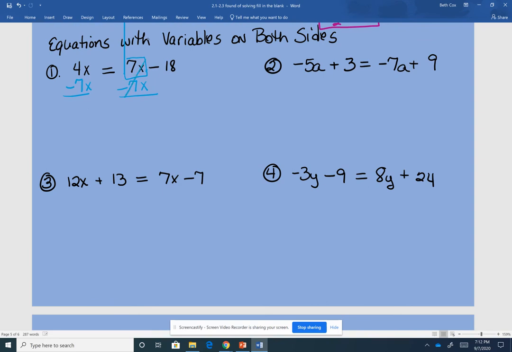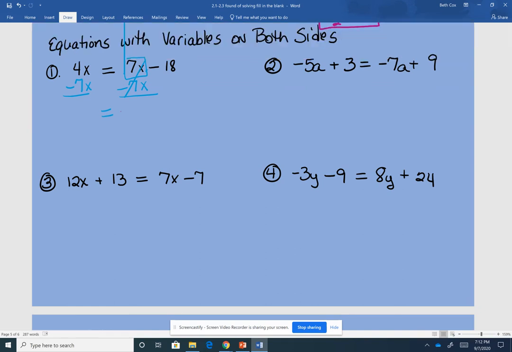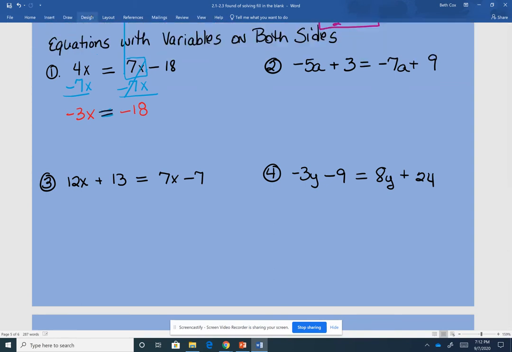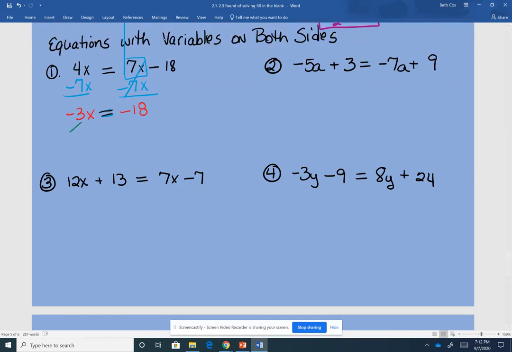That's gone, and I'm going to have negative 18 over here, and 4x's minus 7x's is negative 3x's. And now I can divide. Divide both sides by negative 3. X is positive 6.